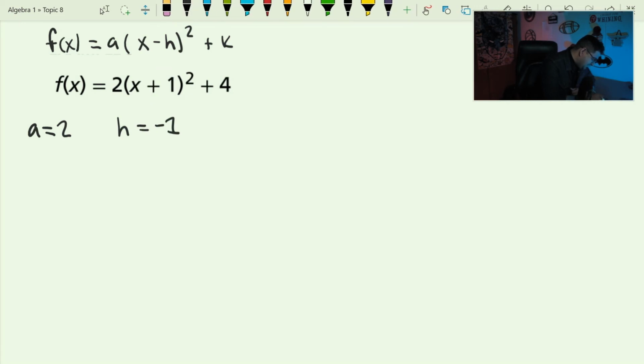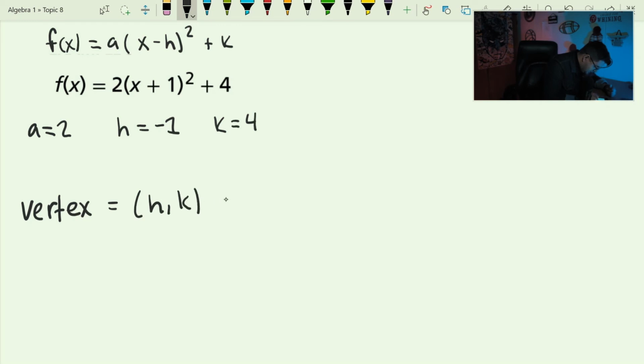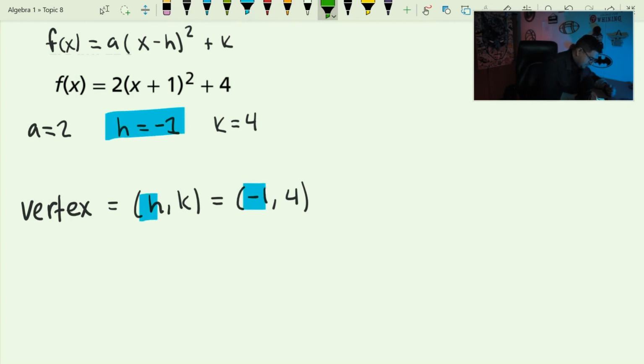And k is pretty easy. The only way to get k is if you plug in 4. Okay? So now, knowing that this is in vertex form, I know that my vertex is h comma k, which in this case is -1 comma 4. And that was done just by matching h to h and k to k.